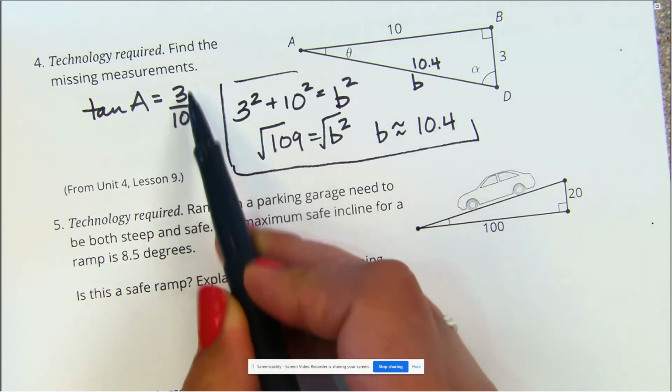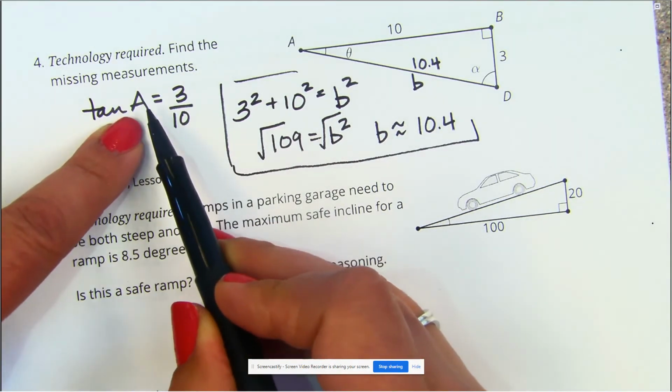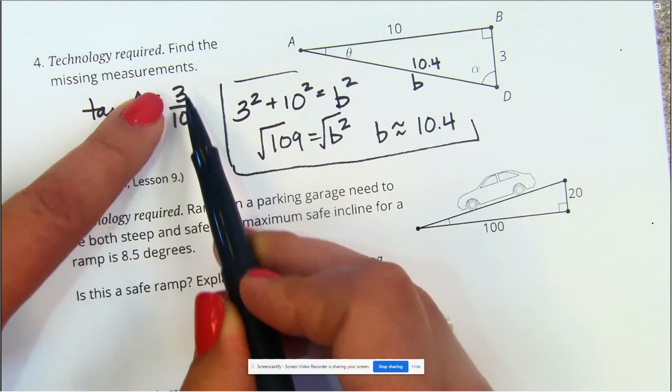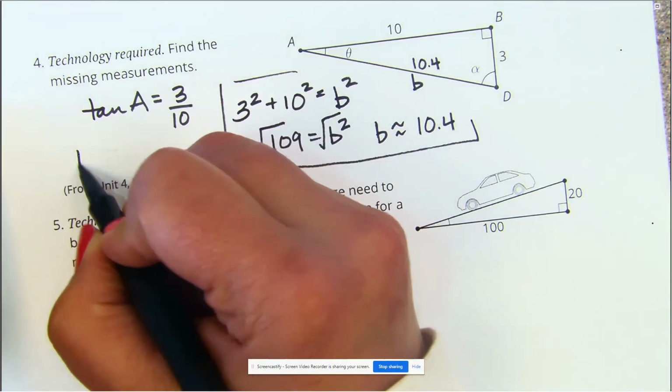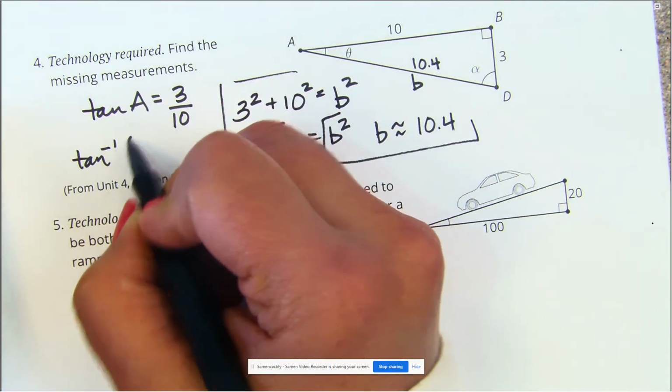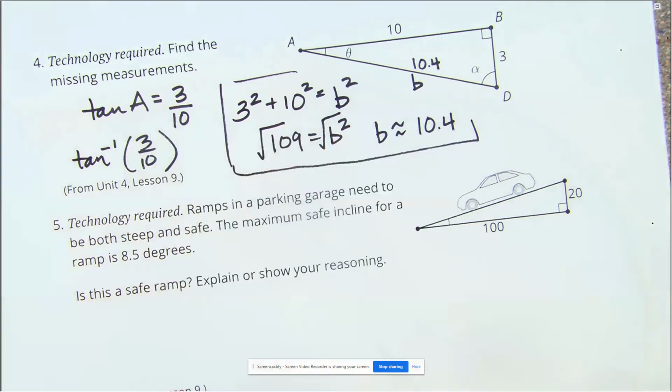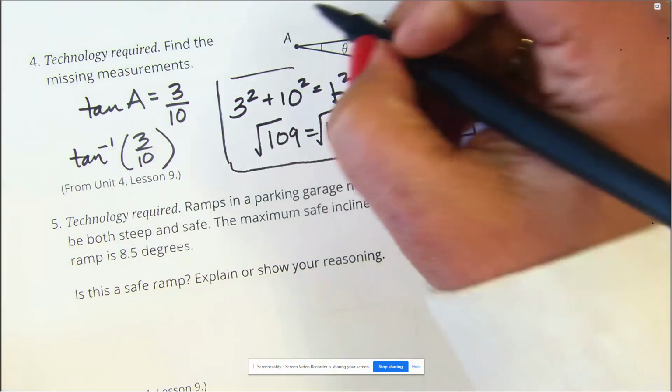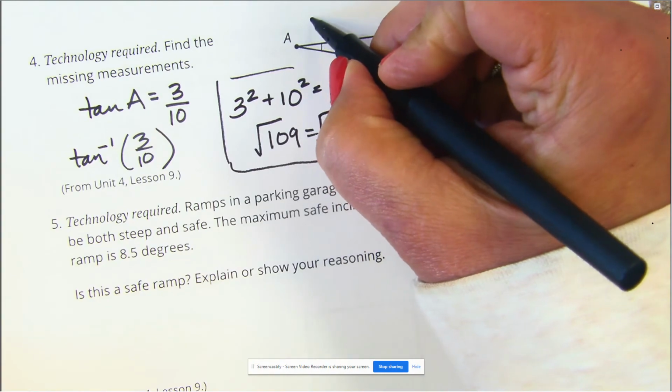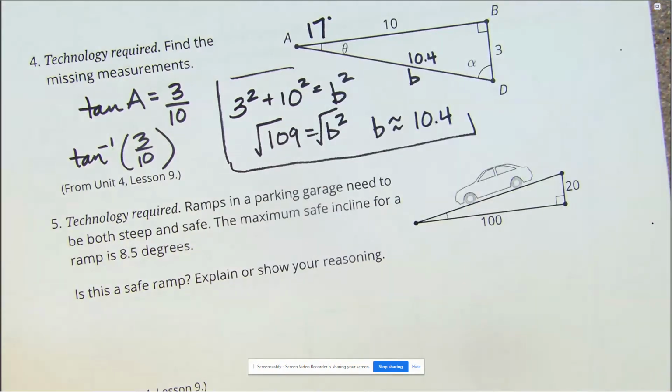I know the two sides. I want the calculator to tell me what angle has that opposite over adjacent. So you type inverse tan of 3 over 10. Depending on your calculator, hopefully you've been practicing, you know how to type that in. If you don't, please ask. So this angle is approximately, rounding to the nearest whole degree, 17 degrees.